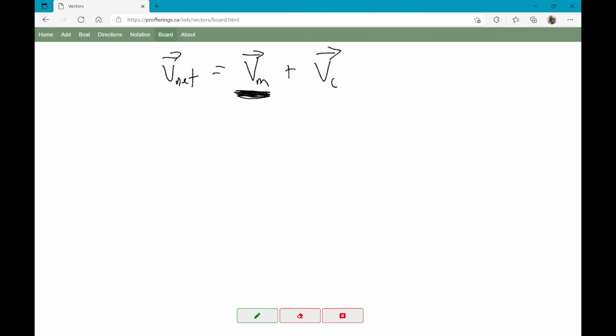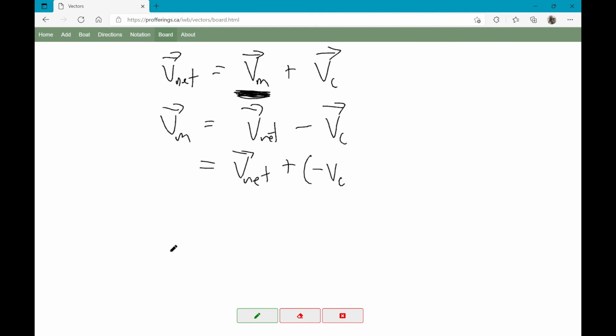So now that we know that it's the motor velocity we're trying to solve for, well, if the net is the motor plus the current, then the motor velocity must be the net velocity minus the current. And as you already know, subtracting a vector is the same as adding its opposite.